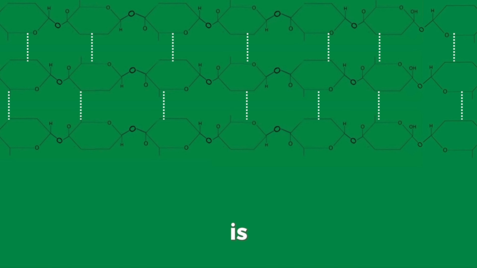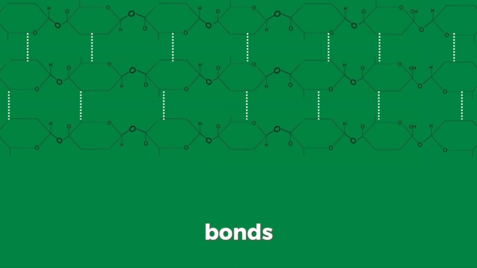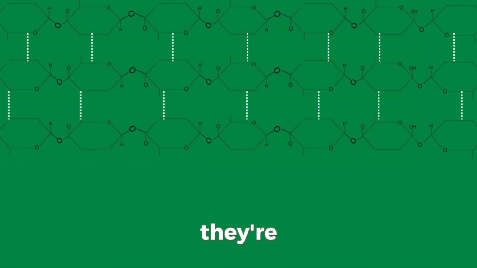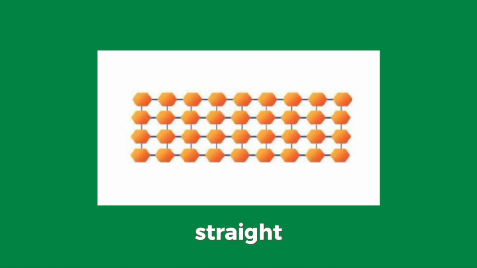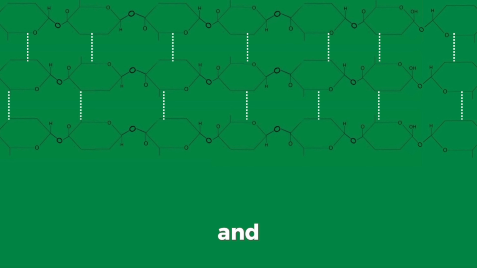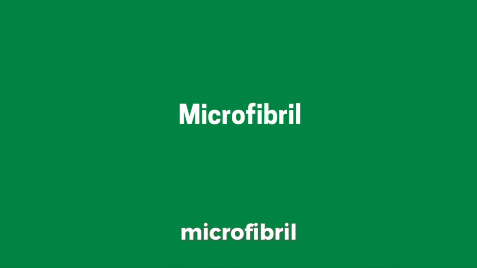What you should know is, like amylose, they also form hydrogen bonds between each layer. But instead, these don't coil. They're a straight chain, very straight. This whole structure we call a microfibril.